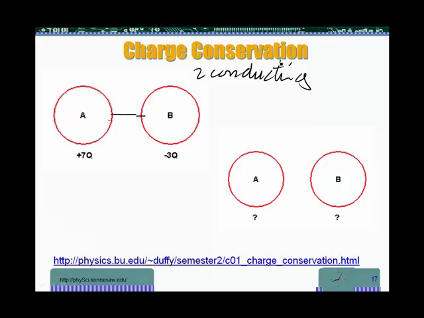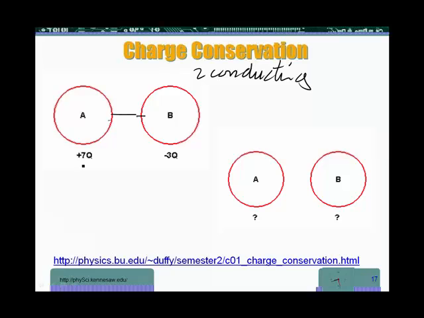So what's going to happen when we put them in contact? Charges are going to distribute themselves uniformly throughout both spheres. Now, since both spheres are equal in size, each sphere is going to have the same charge as the other one.